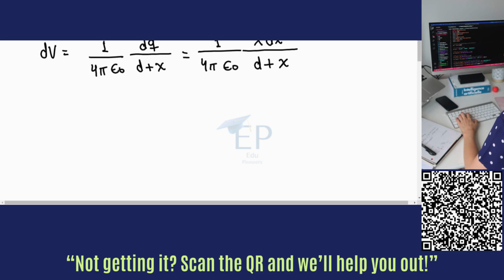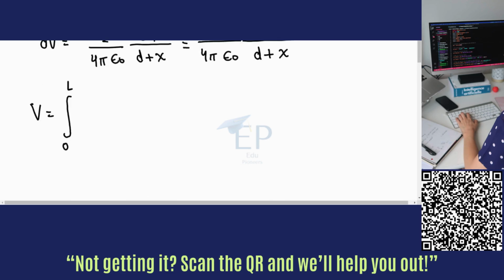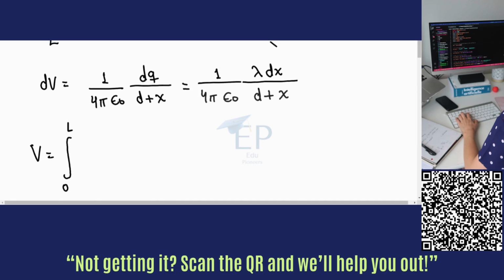So integrating, we have that the total electric potential is the integral from 0 to L, that's the length of the rod, of what we found in here.